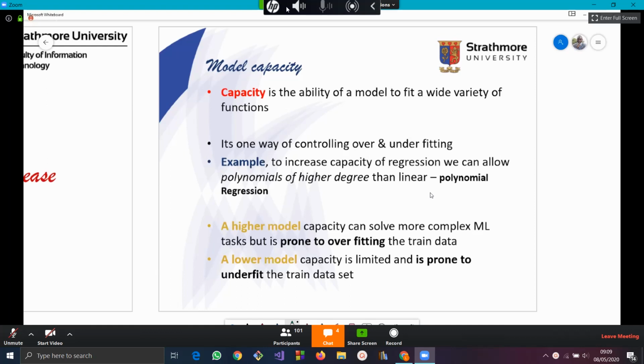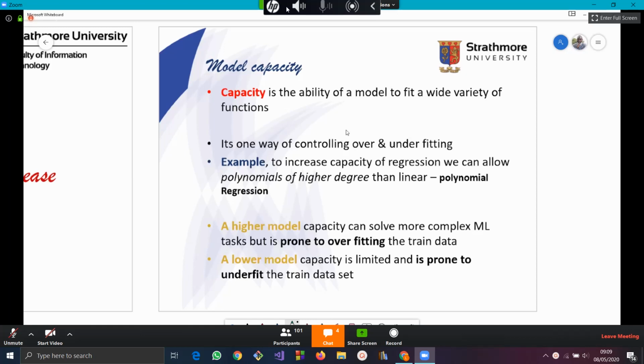And the more I decrease capacity, the more I go into underfitting. So we need a balance, and that balance is going to be achieved using the principle of Occam's razor. We're just trying to strike a balance between underfitting, which is not doing well, and overfitting, which is actually not even good. So what balance do we actually strike?